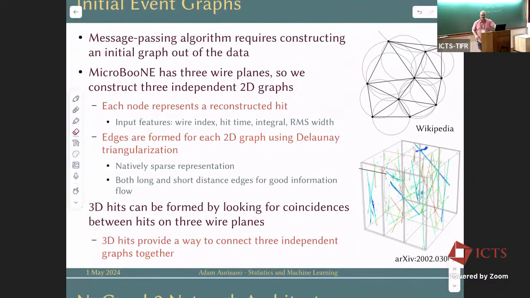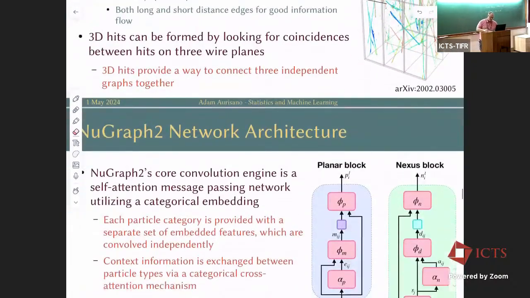And the basic idea is you make some initial graph, which is some initial structure, and then you use something called message passing, where you're doing convolutions over adjacent hits iteratively, and then refining your edges. You're changing the weights of your edges so that they get weighted up if the information is relevant, and they're weighted down if the information is not relevant. And so it dynamically learns what information inside this graph is important.